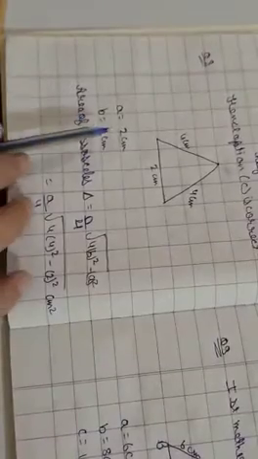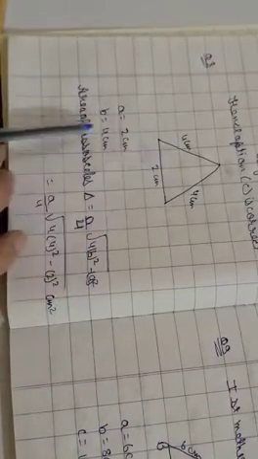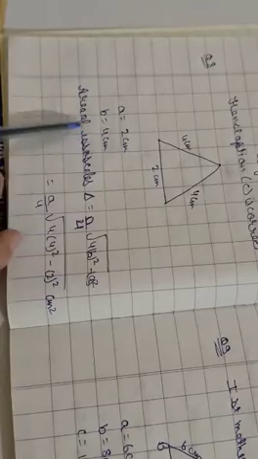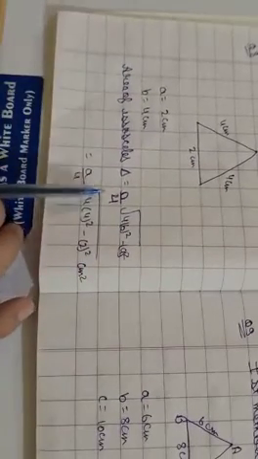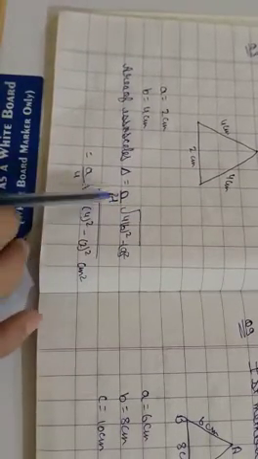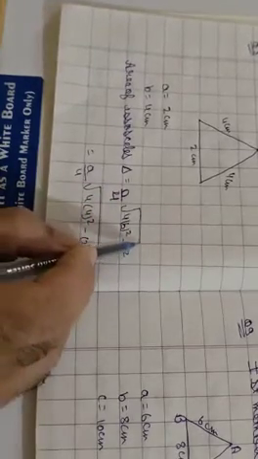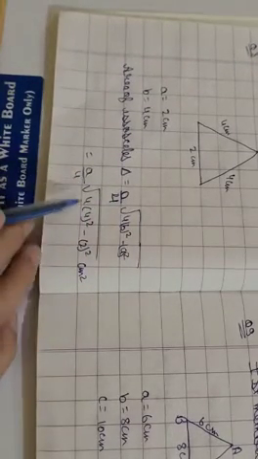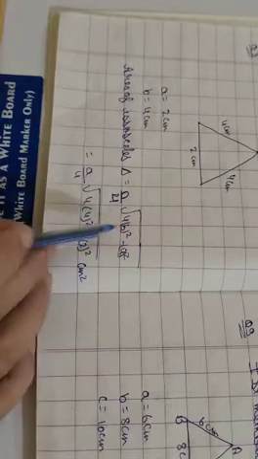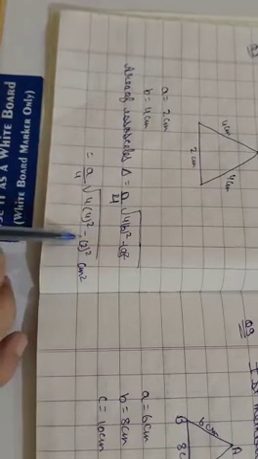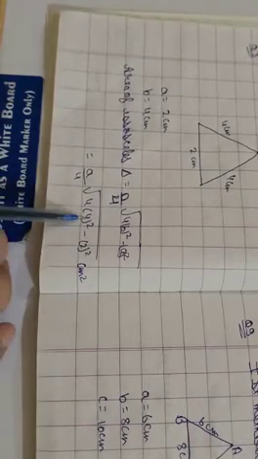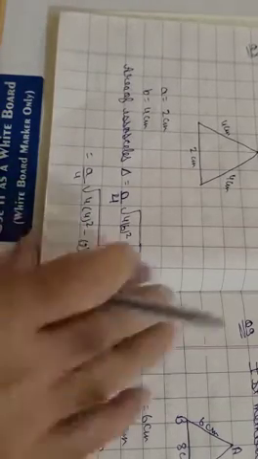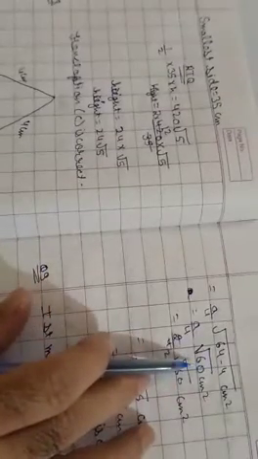Now area of an isosceles triangle with base 2 and the length of equal side 4. Let equal side be 4 and base be 2. So area of isosceles triangle is, this is the formula, a upon 4 root of 4b square minus a square. Value of b is 4 square minus value of a is 2 square. 4 times 4 is 16, 4 times 16 is 64, minus 4. 64 minus 4 is 60, root 60.